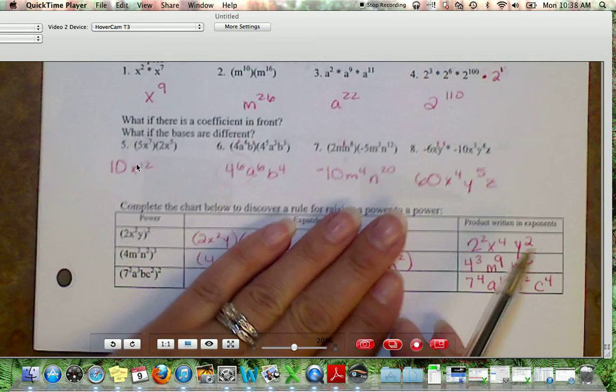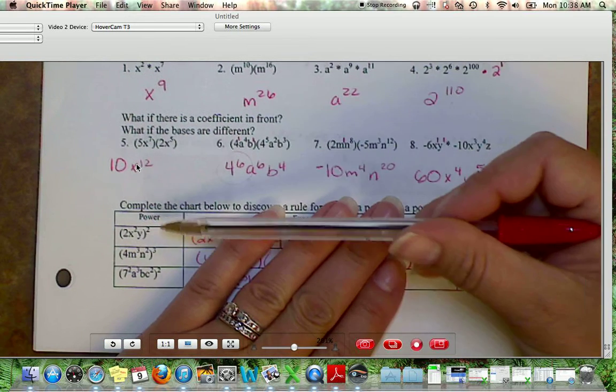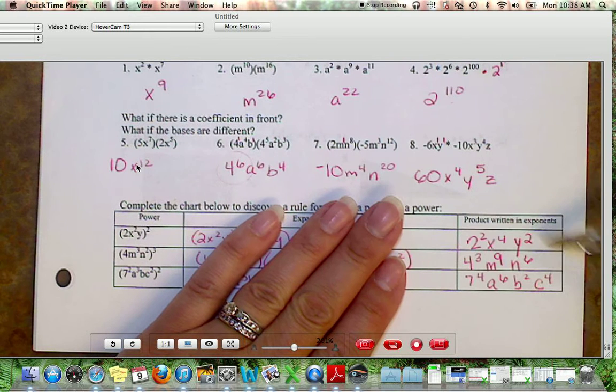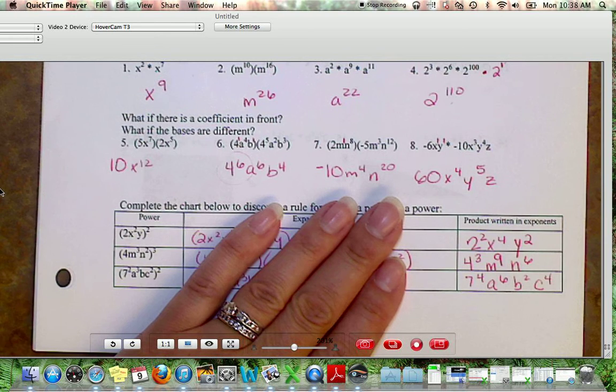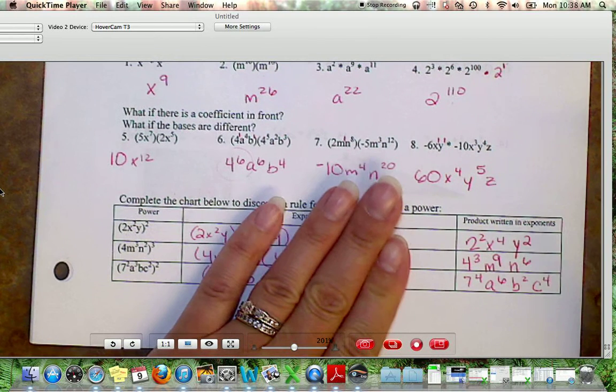So suppose we didn't have this. How could we look at this column and figure out what the rule would be to get over to this column? So take a moment to look at that. See if you can figure out what that is. Okay.